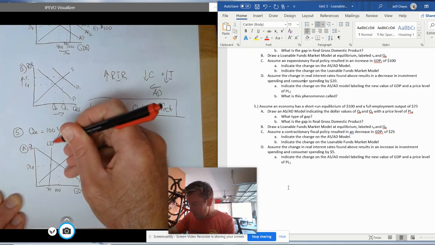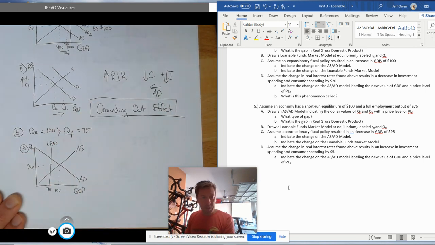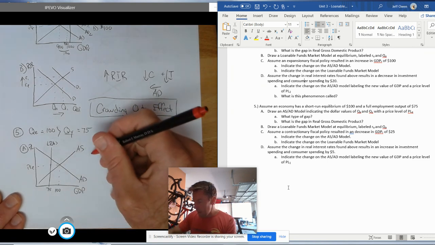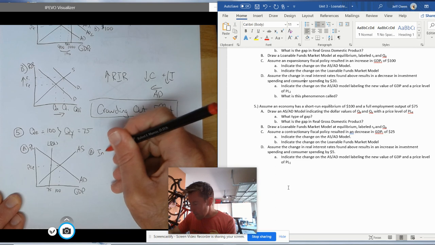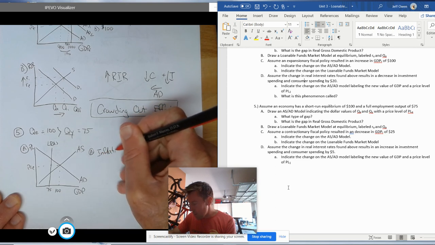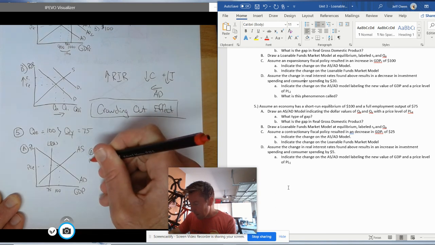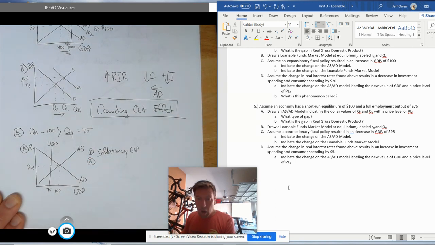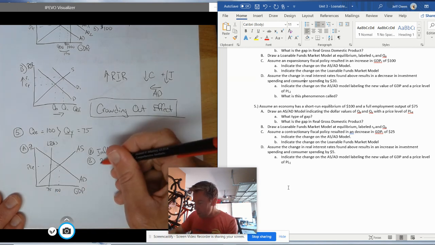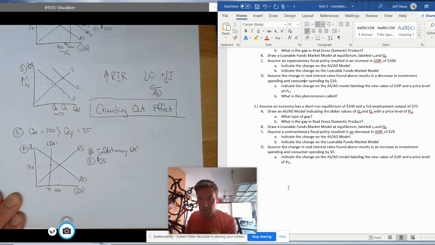So that's where my long-run aggregate supply sits. And what do we just draw ourselves out? Boom, an inflationary gap. So A, what type? That is an inflationary gap. And B, what is the gap in real GDP? So what's my gap? 100 minus 75, 25.